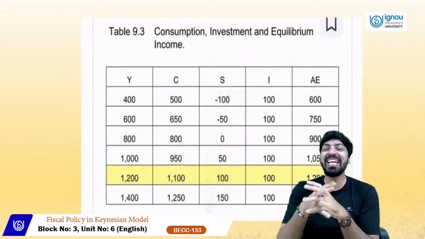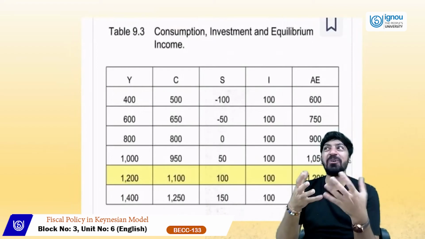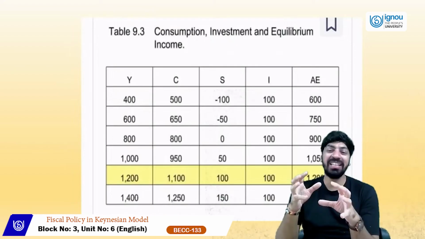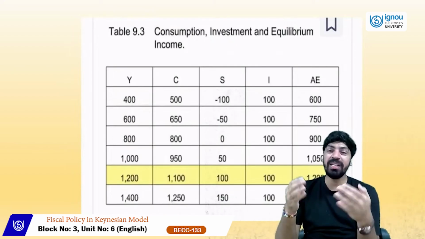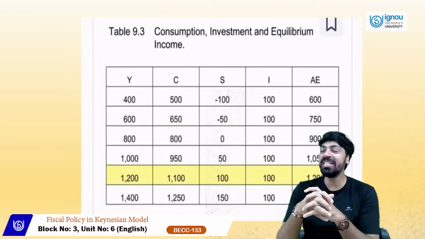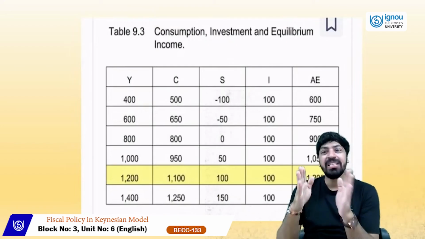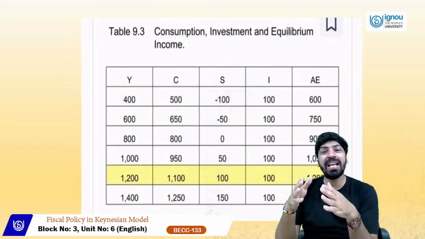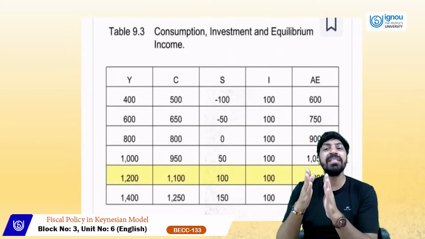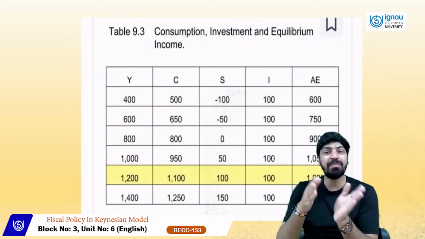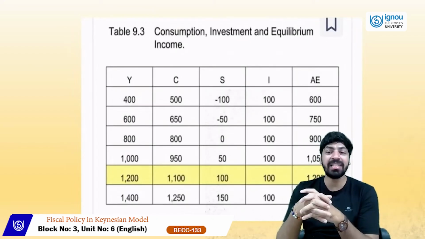When we talk about investment, we assume it is 100, so autonomous investment is 100. How do we calculate aggregate expenditure? We add C plus I, and you will get the aggregate expenditure.